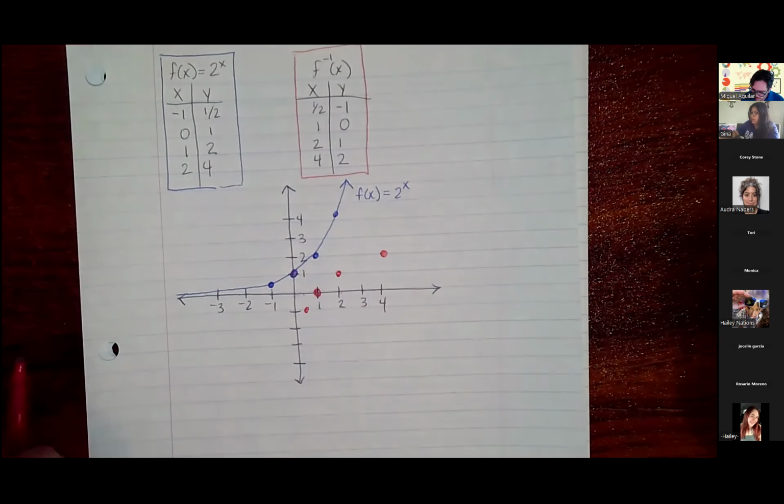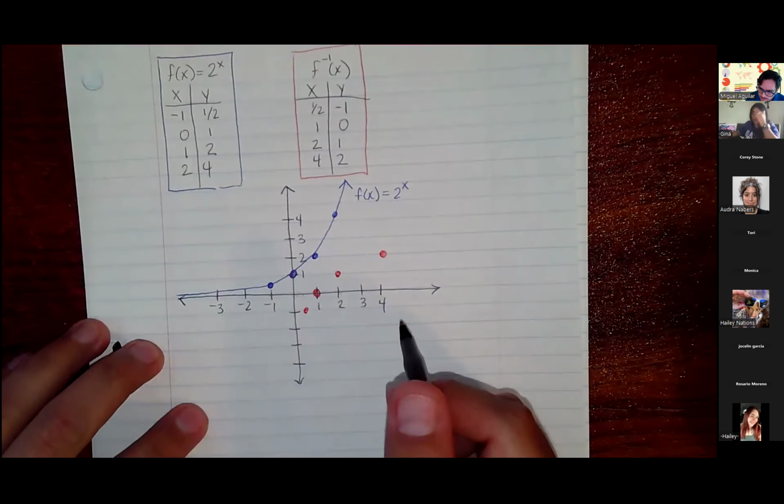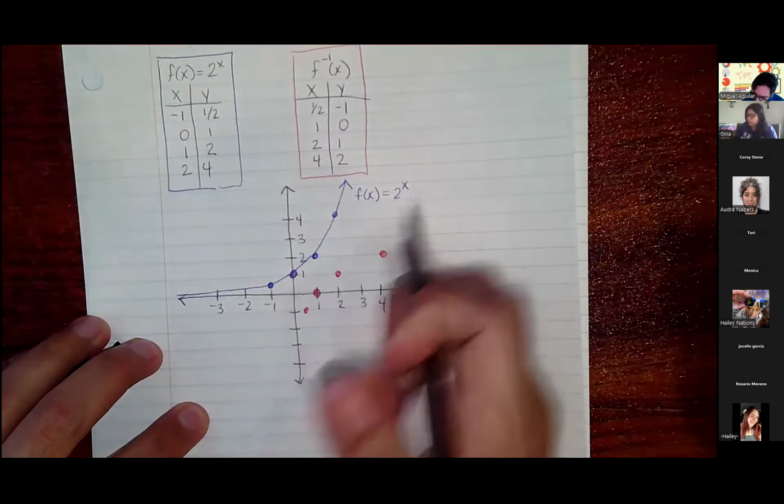And then if you remember, I said that whenever you plot the original function with its inverse, they should form this sort of reflection across this diagonal line that we sometimes call the identity function. But it should make a perfect reflection.